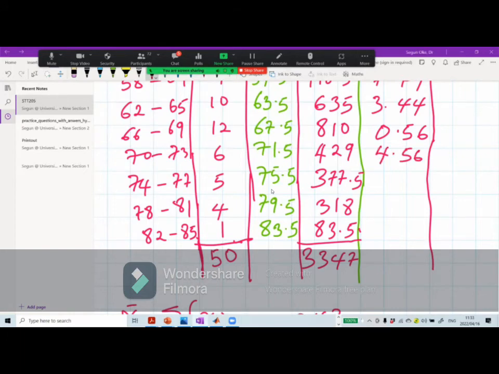Next, 8.56. Next, 12.56. The last one, 16.56.